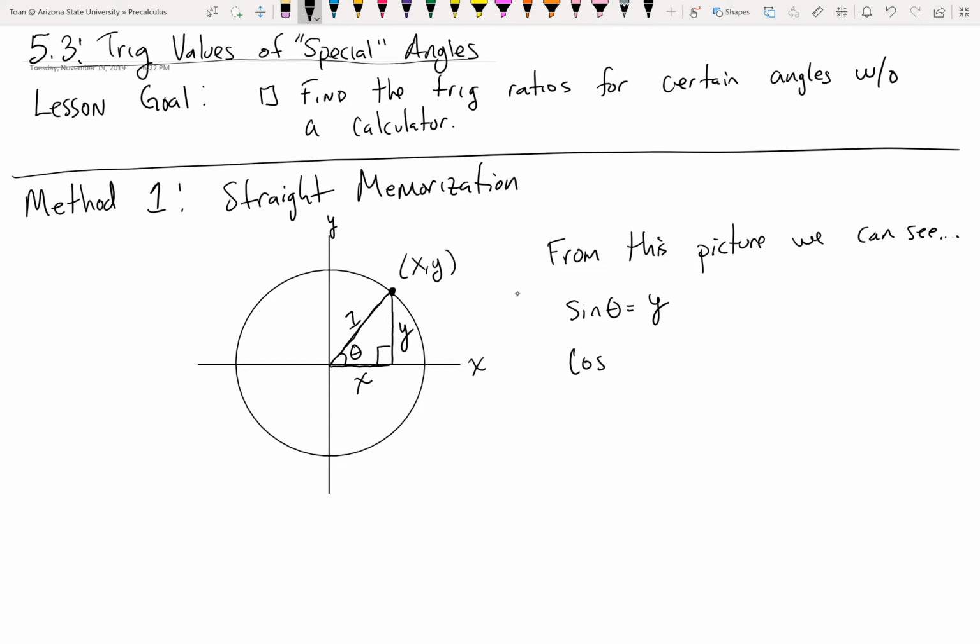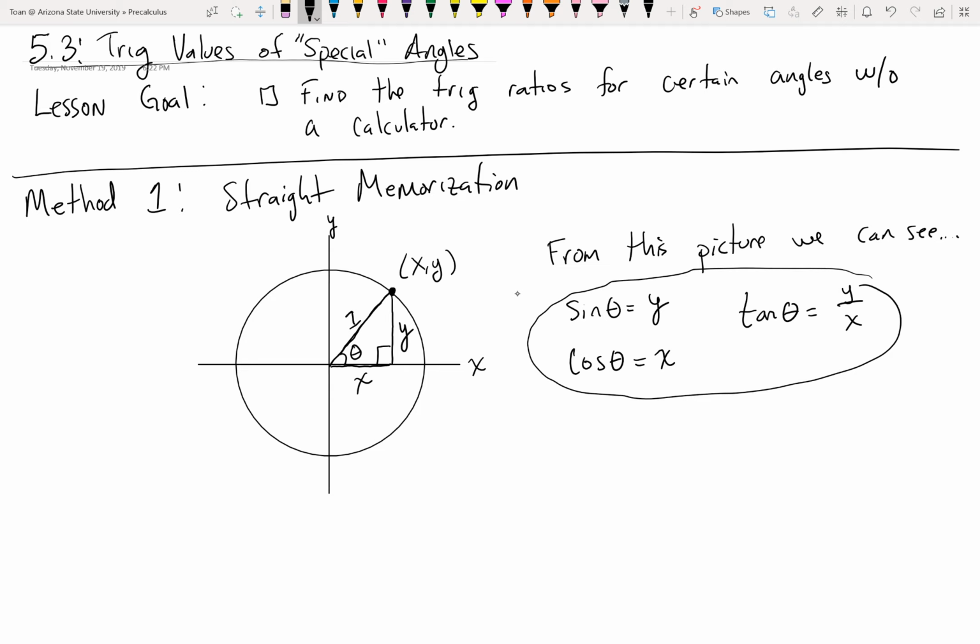And then the cosine of that angle is x. And the tangent of that angle, opposite over adjacent, is y over x. These are fundamental, critical in being able to use a unit circle.